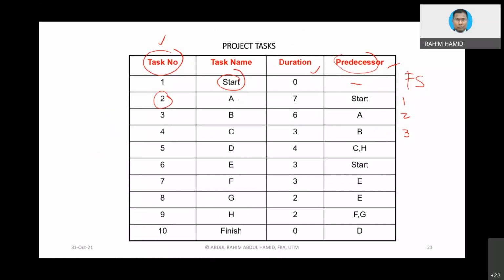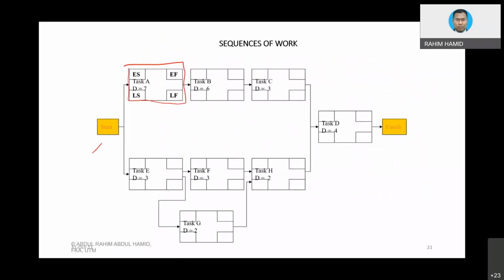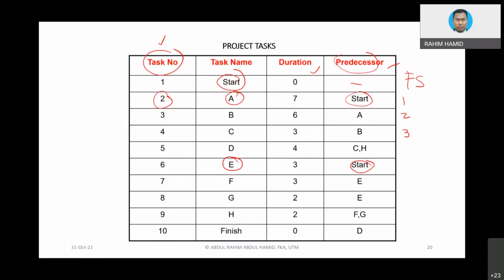It looks like two activities, A and E. So we can simply draw one box and then a second box, and we name one A and the other E. Then the arrows connect from start into the two boxes. That basically represents this: A is connected from predecessor start, and E is connected from predecessor start.